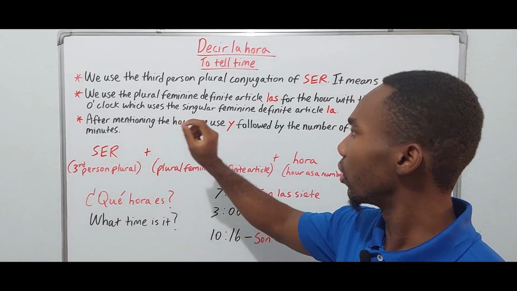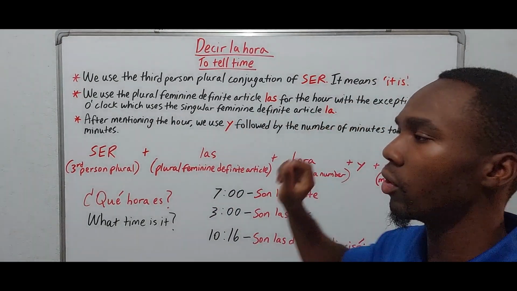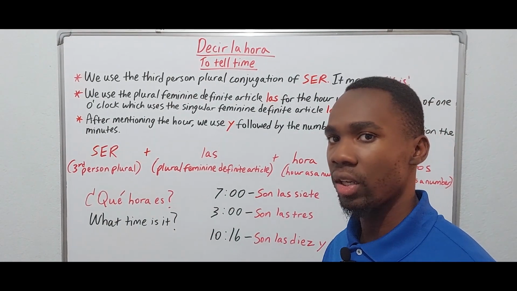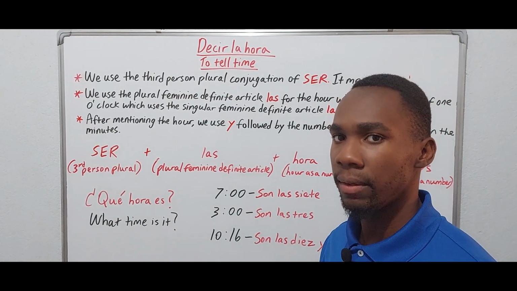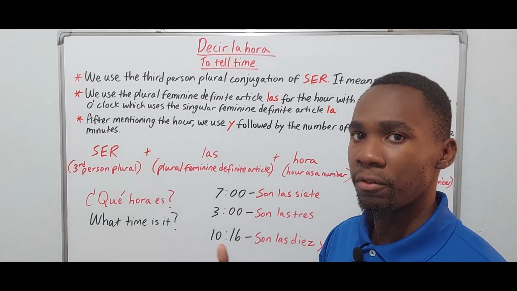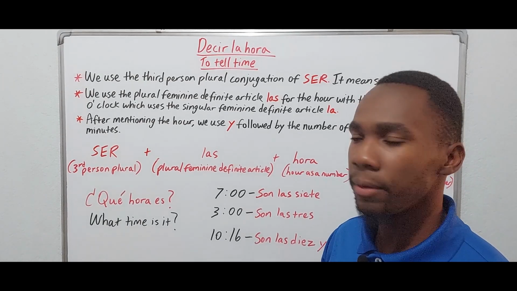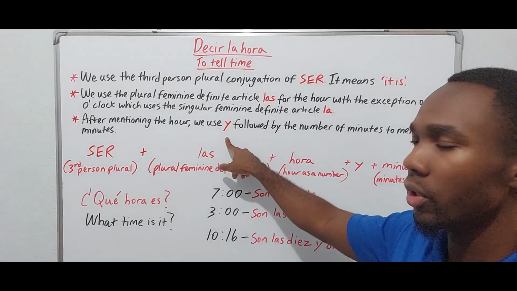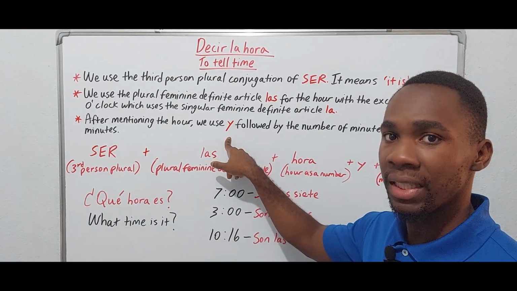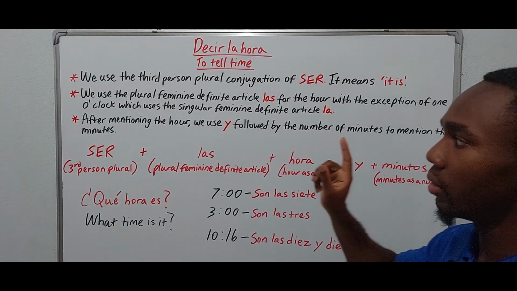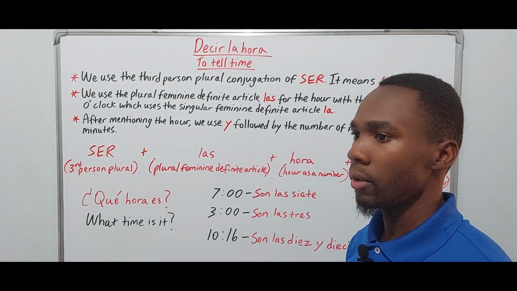So after you use las, you would mention the hour, whatever the hour may be. So now we get into the minutes, if there are minutes, right? So after mentioning the hour, we use e, which is the conjunction to mean and, right? E followed by the number of minutes to mention the minutes, right?